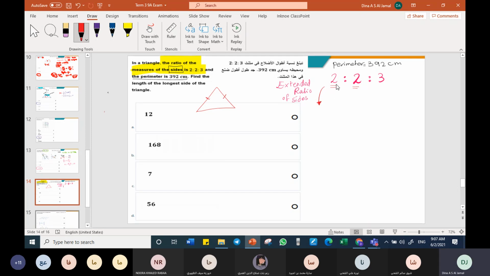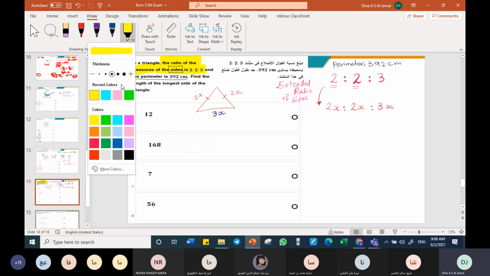I will be putting an x with each of them since I don't know the measures. It is only ratio. So 2x, 2x, and 3x. Now let's read the question and continue.